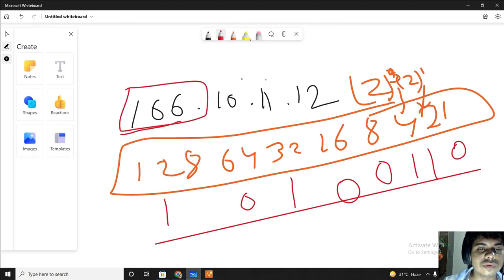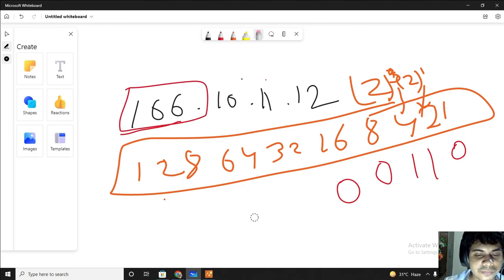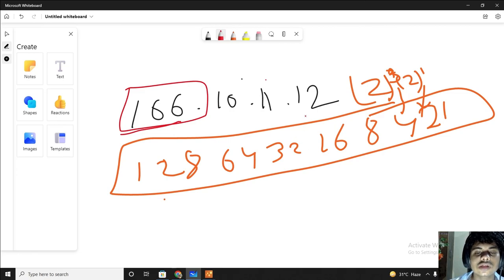I will show you another way. If you want to calculate the binary of 12, what is the smallest value as compared to 12? You can see that here is 8, which is just smaller in this table. So you will write 1 here.